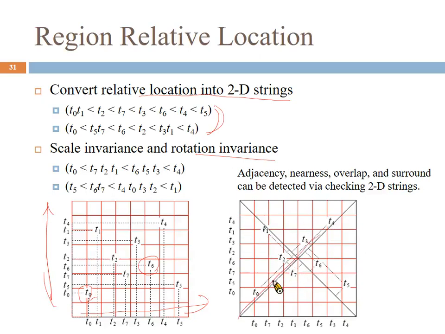And in this case, we also can realize how these 7 regions are located, and this string representation is invariant to scale and rotation, because no matter how you rotate the image, the relative position between these regions is maintained. So finally, we can use such a string representation to get more reliable results.